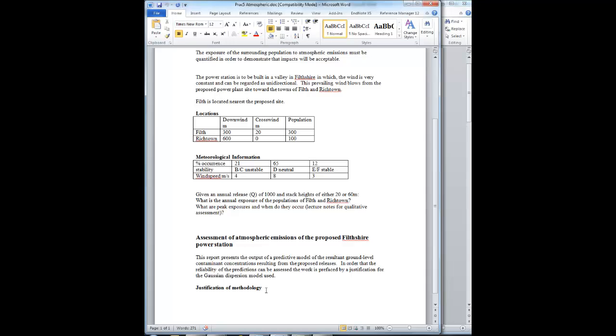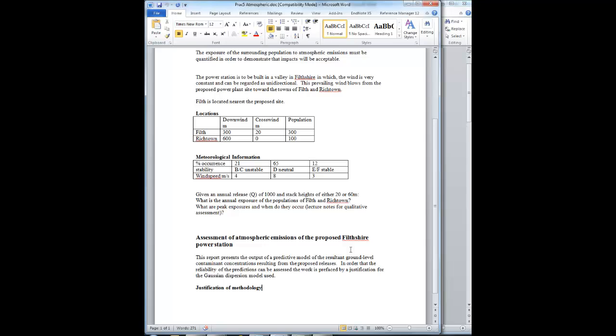So first of all, we need to go through and justify the methodology, then we'll produce the results from it, and then we can discuss the implications of those results and criticise those results. Again, it's the standard sort of procedure that you'd have in your scientific papers as well. We'll get the result and then criticise the result. But first of all, we need to justify the methodology.